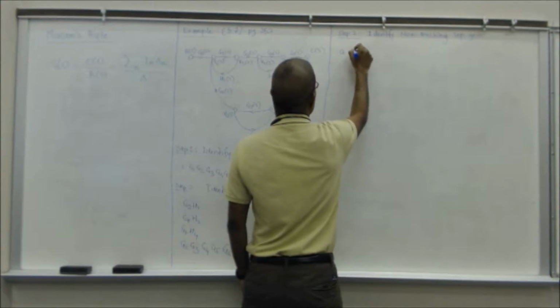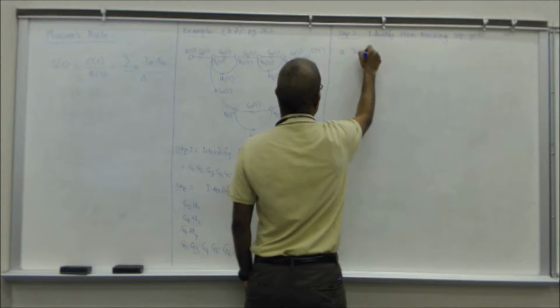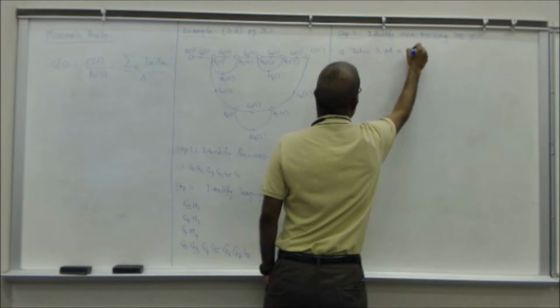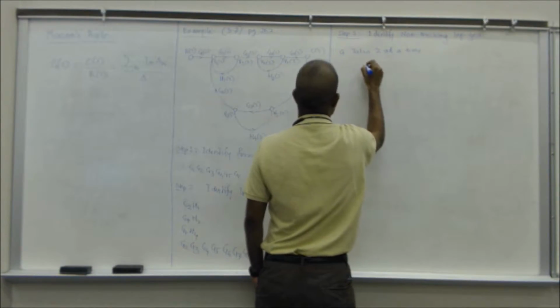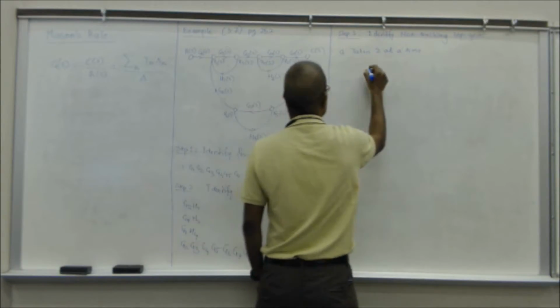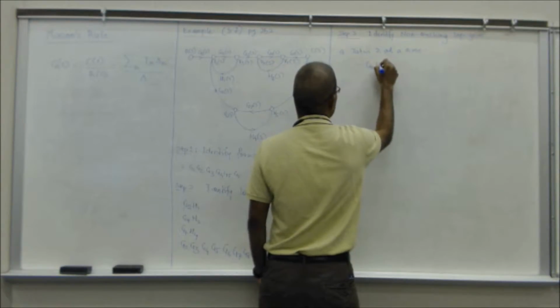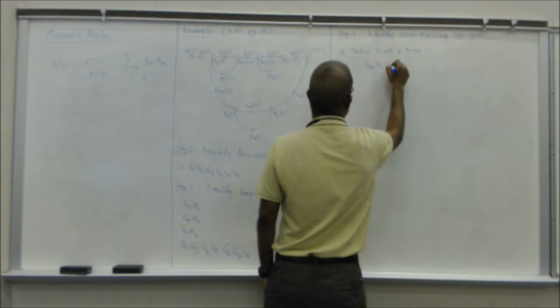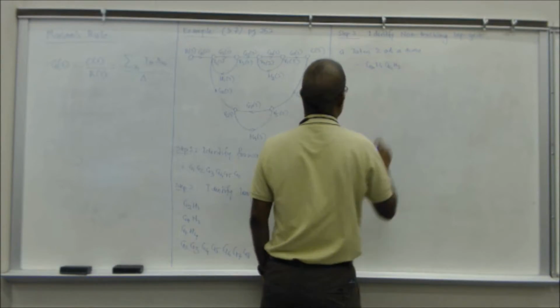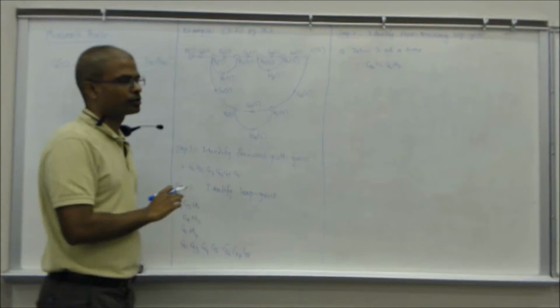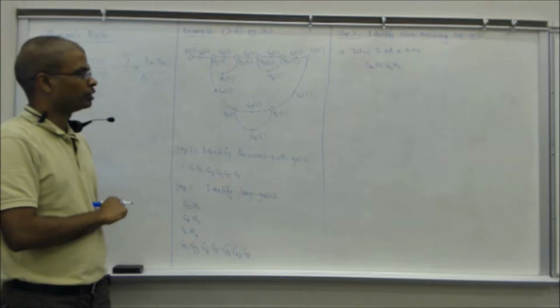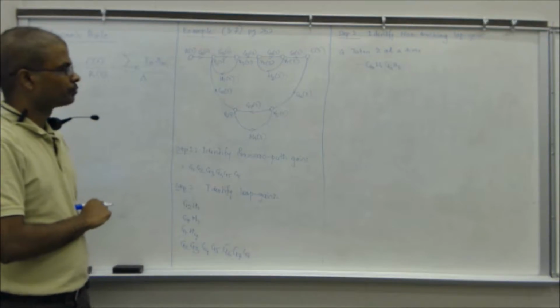The first two are non-touching, right? So you have G2H1, G4H2. All you need to do is multiply those loop gains. That's it. So identify non-touching loop gains, taken two at a time.